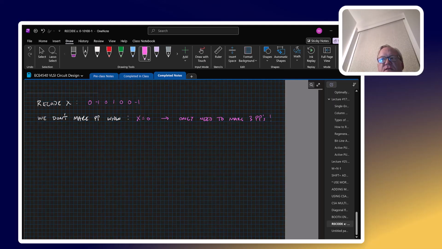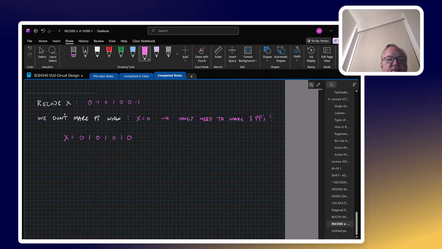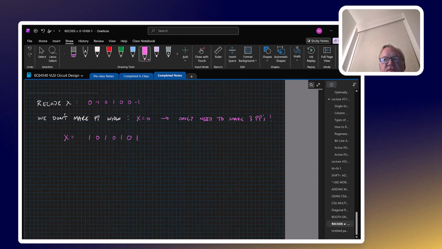Okay, so let's then think about what our worst case scenario is. What if x were equal to 0, 1, 0, 1, 0, 1, 0? I think I added an extra bit here. So what if x were equal to this? We have just an alternating sequence of zeros and ones.